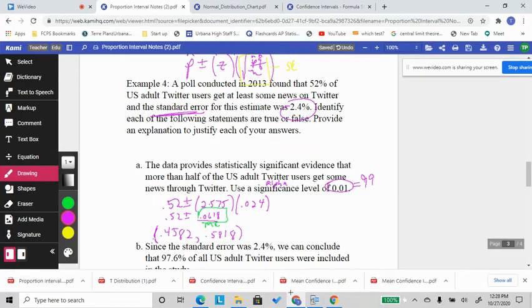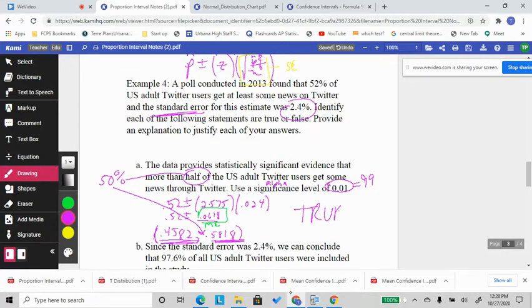So the question is, does this data provide evidence that more than half, well, half is 50%, of US adult Twitter users get some news through Twitter? Is half in there? Yes, it is. I'm saying that it's somewhere between 45.8 and 58.2. So it says identify as true or false. So this one is true.